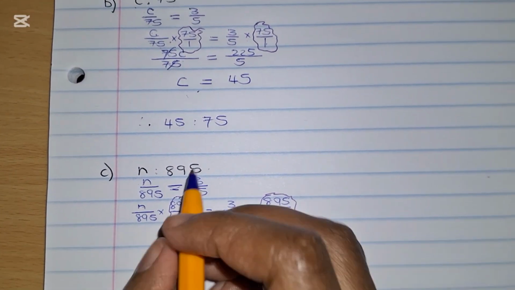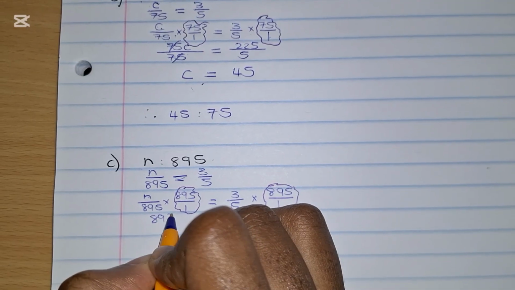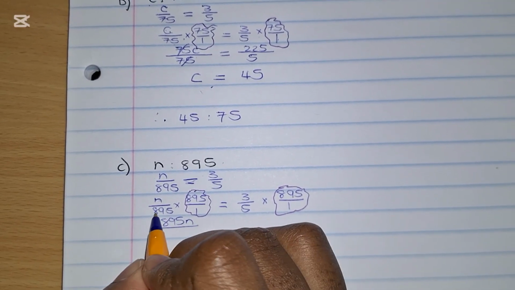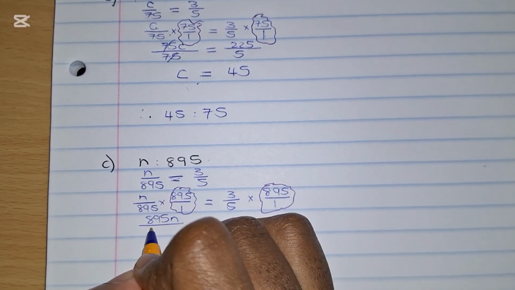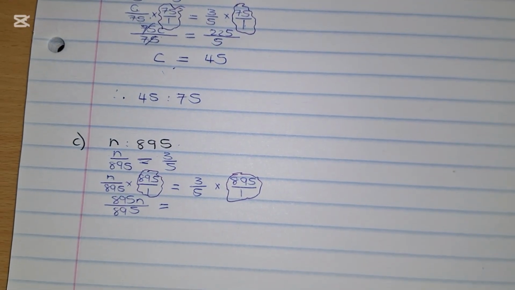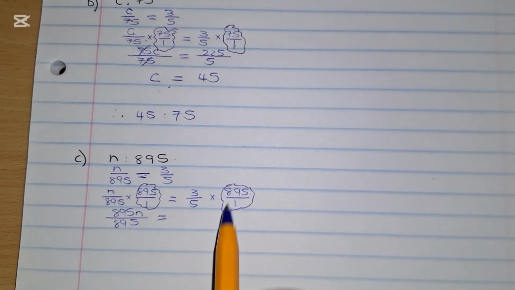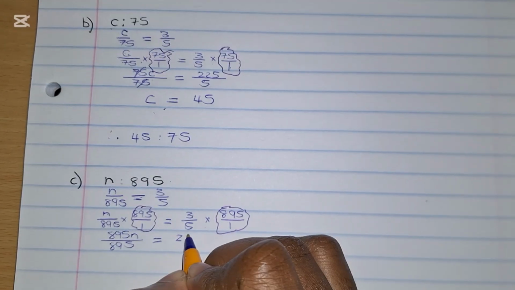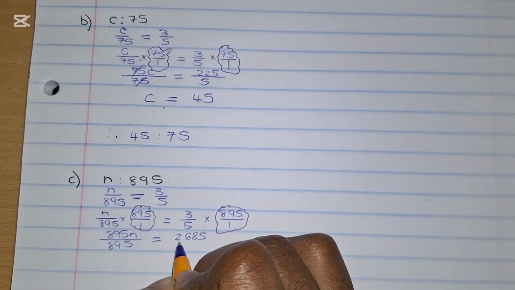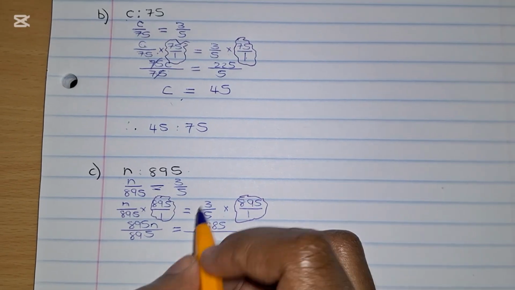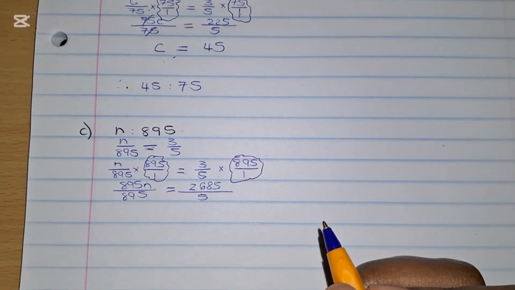N times 895 is 895N over 895 times 1 is 895 equals to, then 3 times 895 is 2685. Can do long multiplication there. Then 5 times 1 is 5.